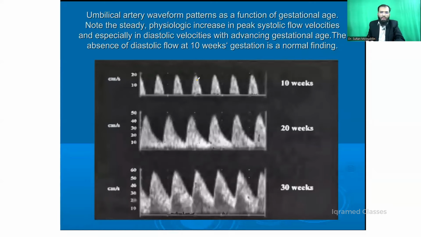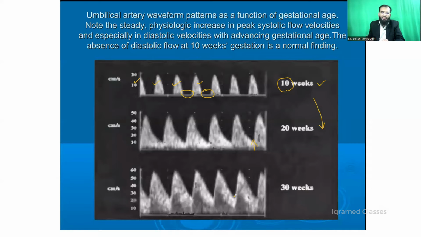Now, let's see the waveforms. Initially, at around 10 weeks, the waveform is like this. So you see that during diastole, there is no flow at 10 weeks of gestation. Why? Because the fetus is still small. It does well with low blood supply. But as the fetus grows to 20 weeks, you see that the diastolic flow increases.